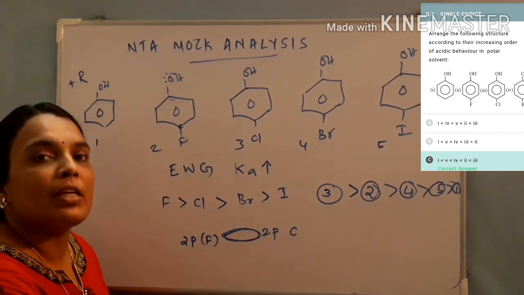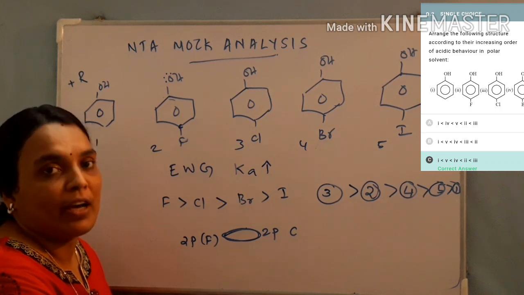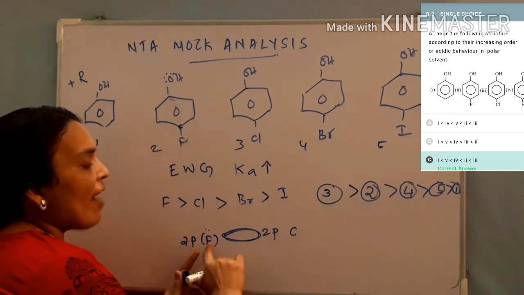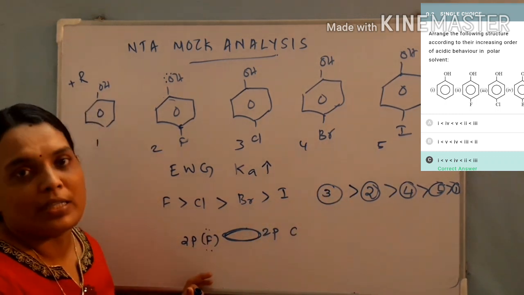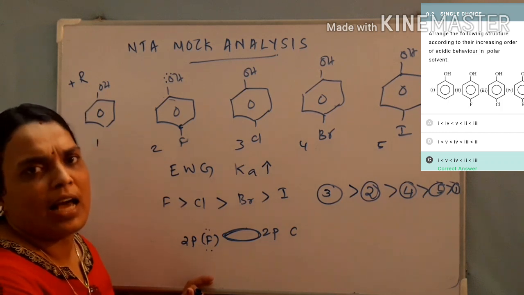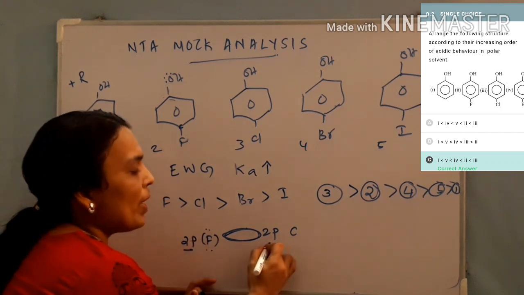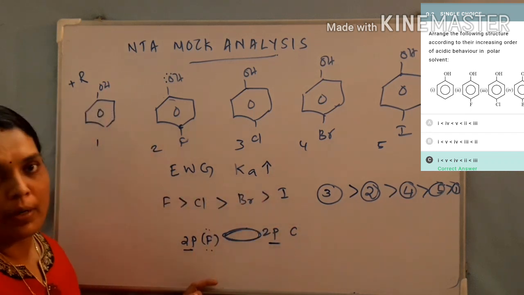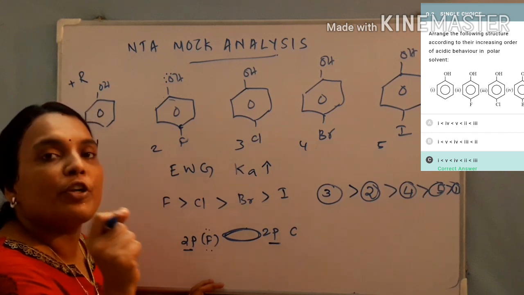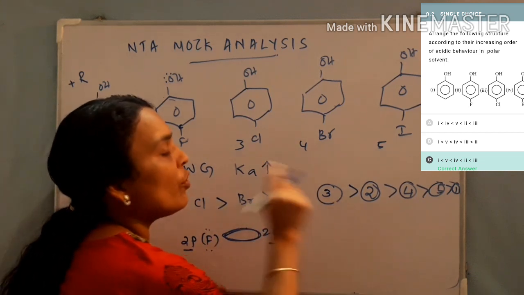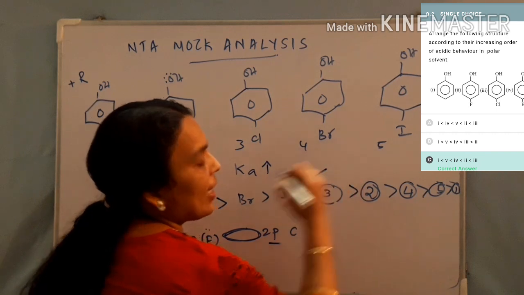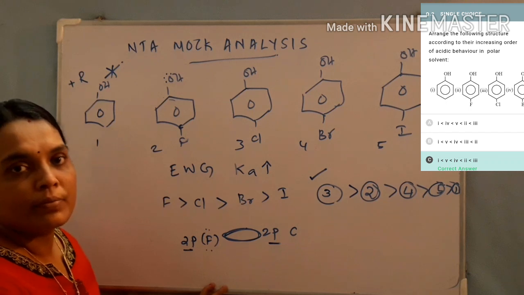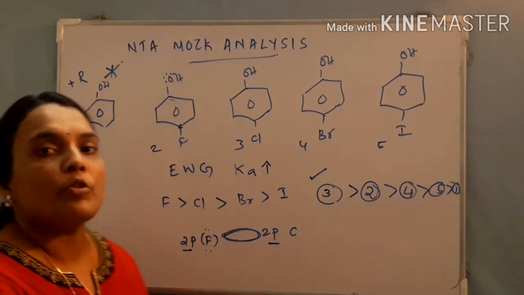So there is a possibility to exhibit a plus R effect, meaning the lone pair of electrons on fluorine has a tendency to donate electrons to the benzene ring. There is a slight plus R effect because of this 2p orbital overlap. So the acidity of fluorophenol is slightly less than that of chlorophenol. That is why the correct order is like this. It is an important question, note this. Okay, clear? Come to the next one.